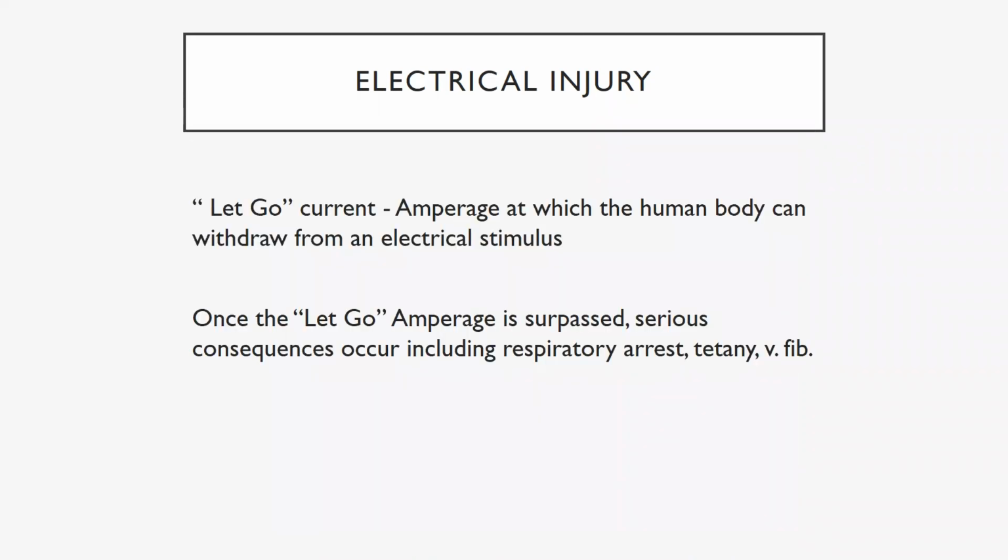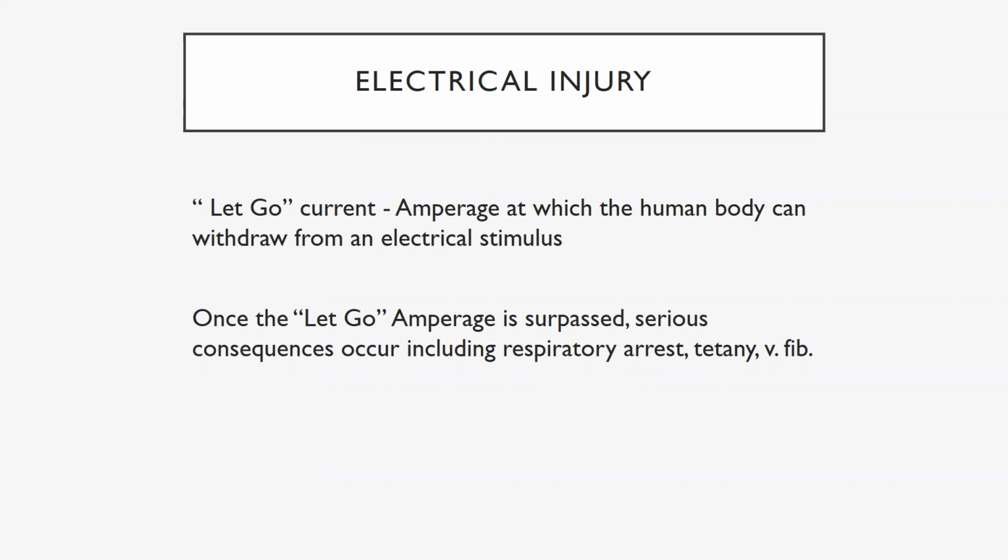Okay, so when you think about electrical injuries, there's a concept of let-go current. Essentially, this is the ampere, the current, the I that we looked at in Ohm's law. This is the amperage at which the human body can actually withdraw from the electrical stimulus.